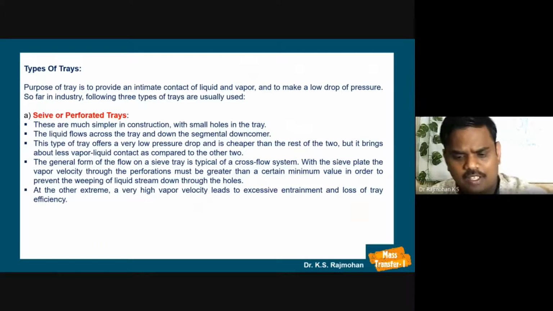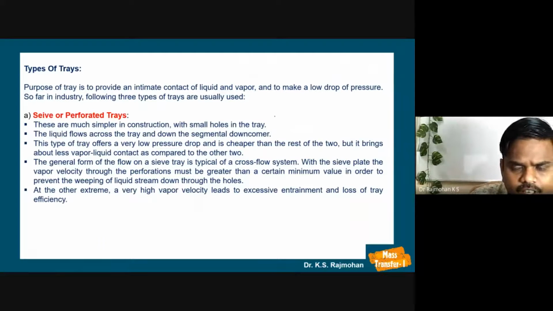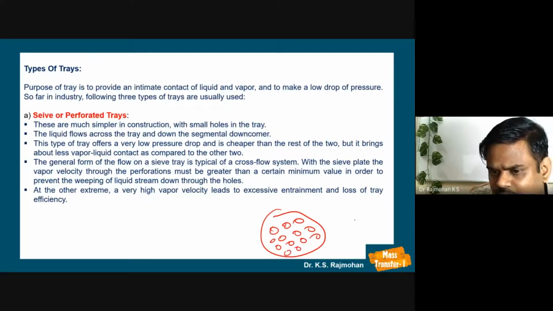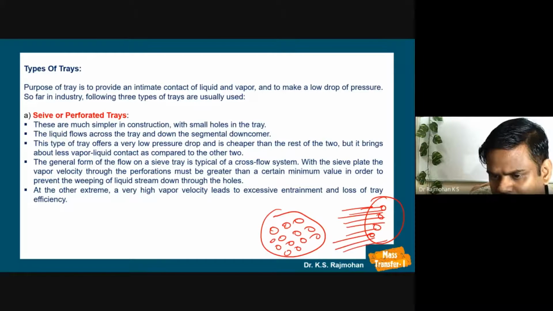If you look at the plate column itself, there are different types of plate columns. The first one is the sieve plate or perforated tray. As I said, in this plate you simply have holes, simple holes across it, similar to what you study in heat transfer, no? In a heat exchanger you will study the tube sheet, which is used to connect the different parallel pipes, right?